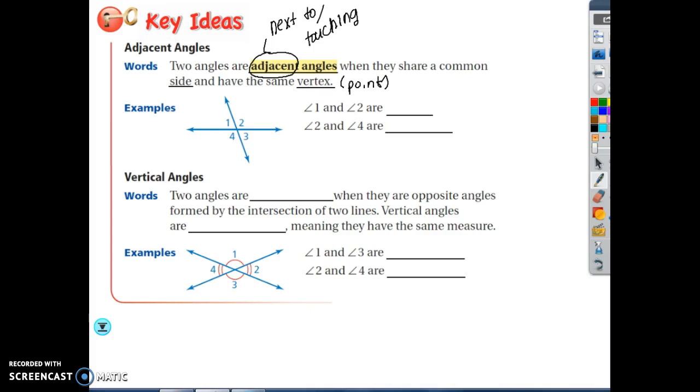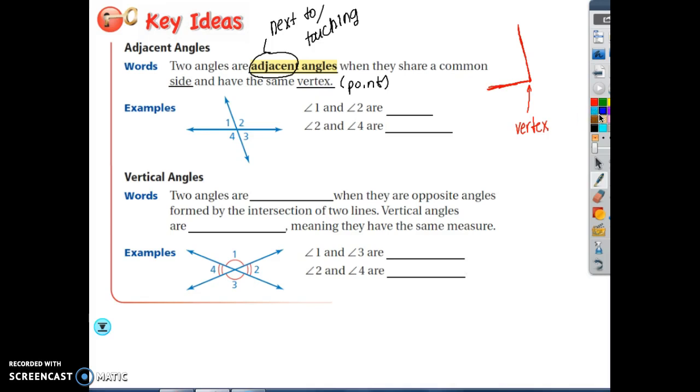So for example, if I have an angle, I'll do it in red. If I draw an angle here, the vertex would be this point at the edge of my angle. And the sides are the two lines that extend out from that vertex. So an angle that is adjacent would have its point at the same place and would also use one of those two sides.